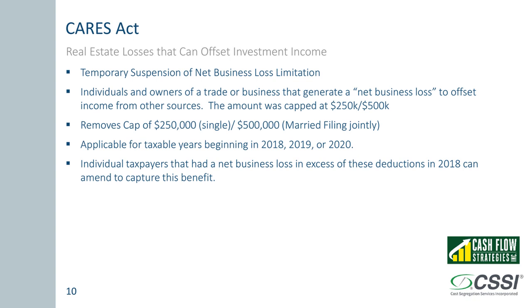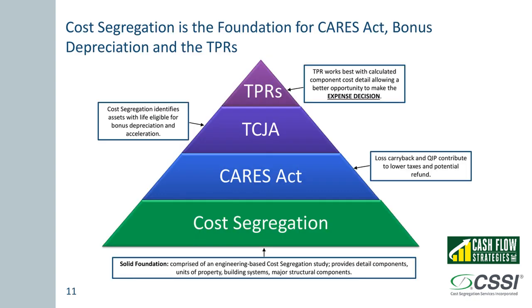They have removed that cap for 2018, 2019, and 2020. So individual taxpayers who had a net business loss in excess of those caps in 2018 can amend their taxes and capture that benefit and get a refund.